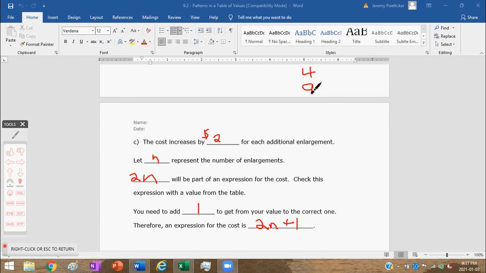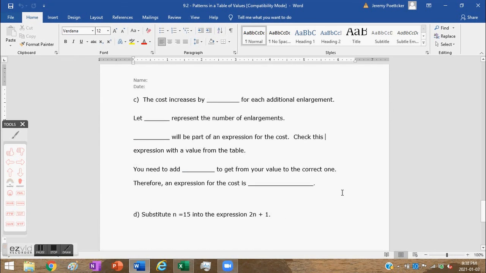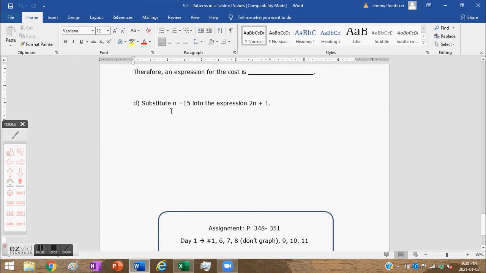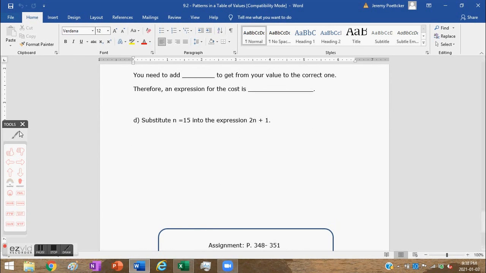And then we can check this on the table. Let's try that for 4. Okay, so on our table up here, we had a 4 on the top, and we had a 9 on the bottom. 2 times 4 is 8, plus 1 is 9. Hey, it works! So an expression for the cost would be 2n plus 1.